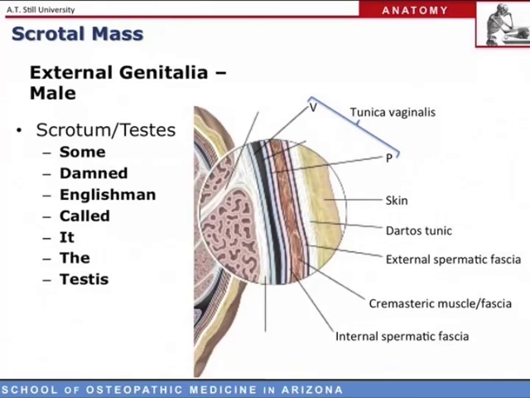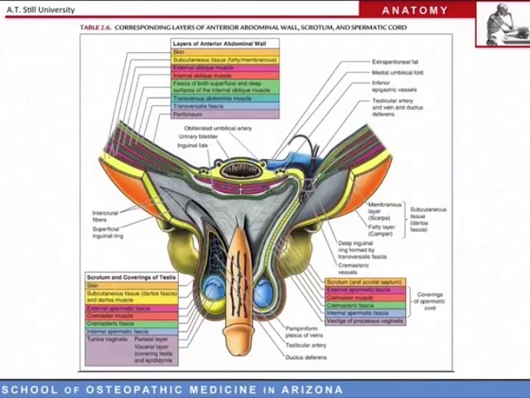It should stop in between that visceral and parietal layer, but if your needle goes too far, it will then pierce through the tunica vaginalis visceral layer, and then the next layer would be that tunica albuginea. And remember that the tunica albuginea is the fibrous connective tissue that then invaginates in to separate the lobules of seminiferous tubules.